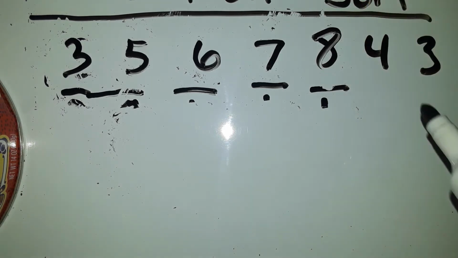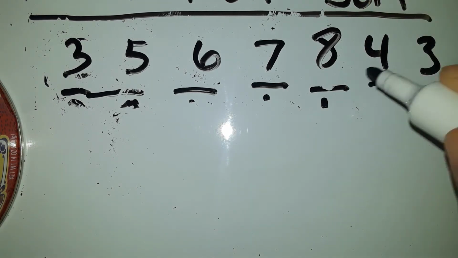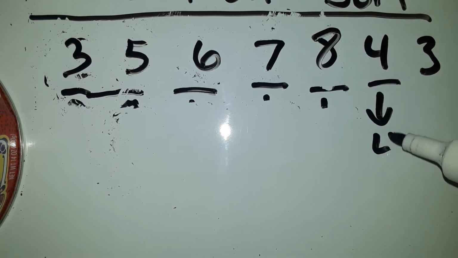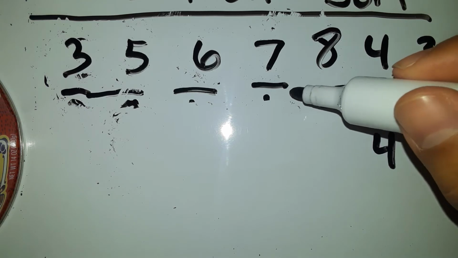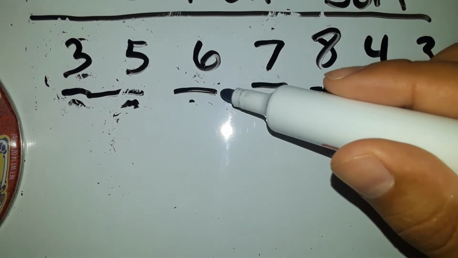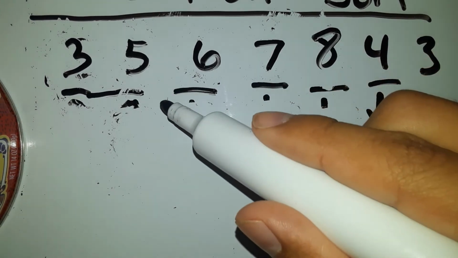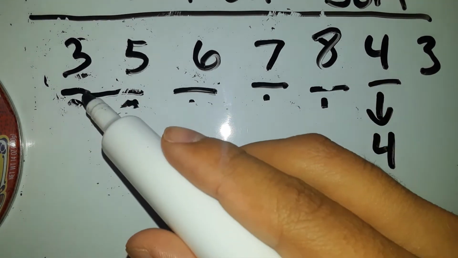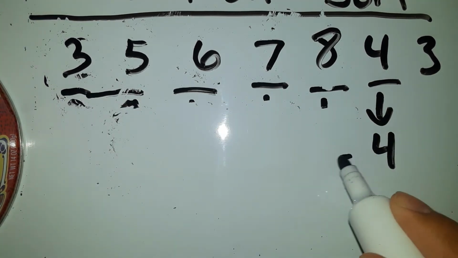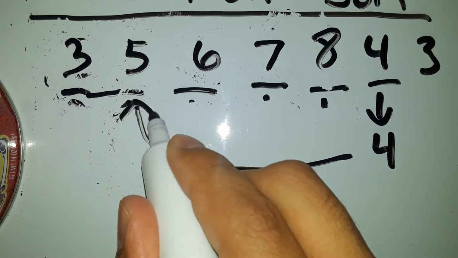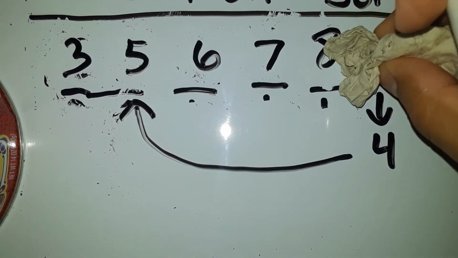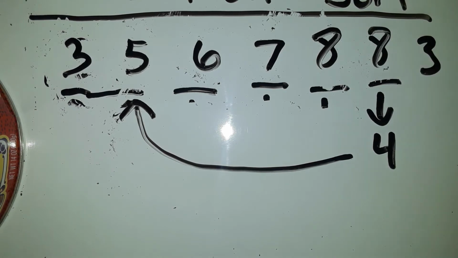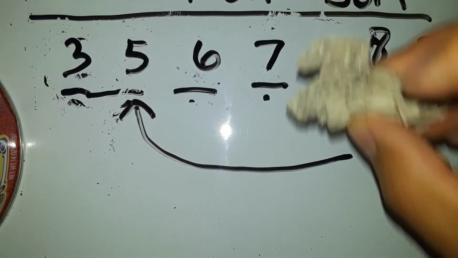So now let's go ahead and visit the 4. Let's make the temporary variable. Is 4 less than 8? Yes. Is 4 less than 7? Yes. Is 4 less than 6? Yes. Is 4 less than 5? Yes. Is 4 less than 3? No, which means it goes into this spot right here. And we're going to shift everything over once again. So that means the 8 now comes here. The 7 is going to go here.